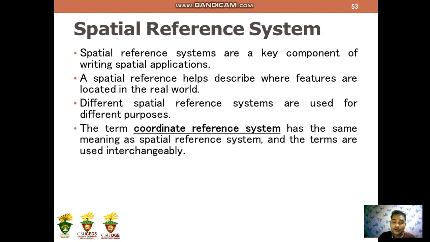The term coordinate reference system has the same meaning as spatial reference system, and the terms are used interchangeably.